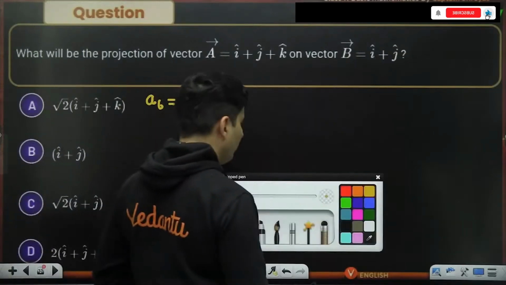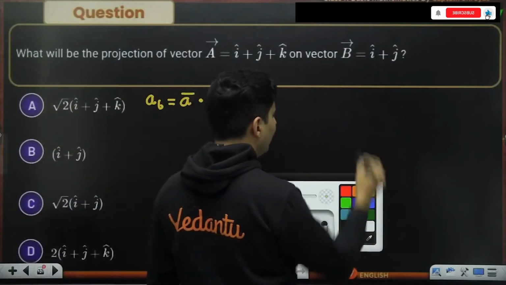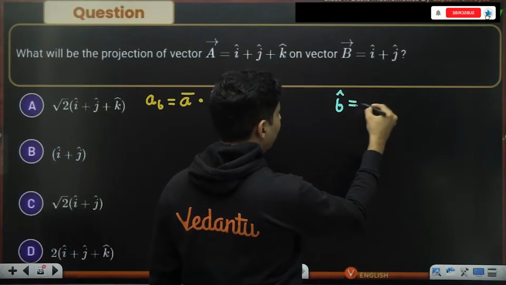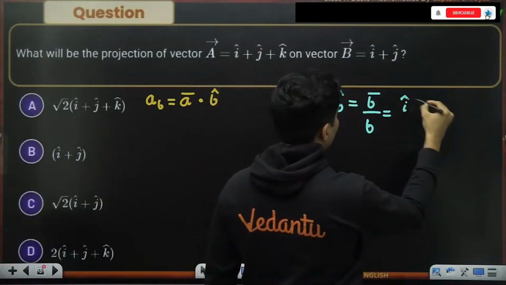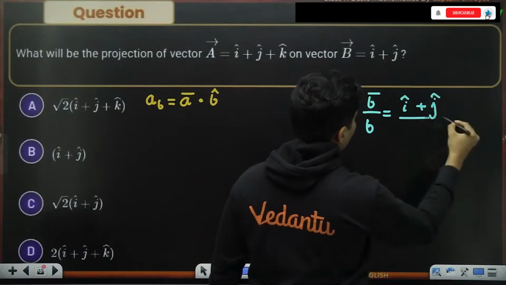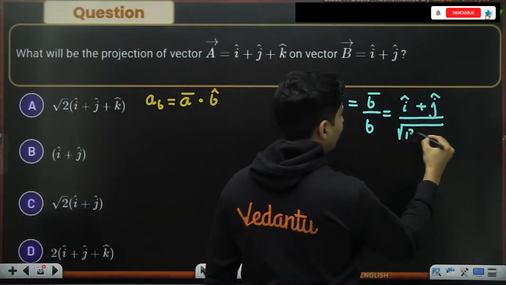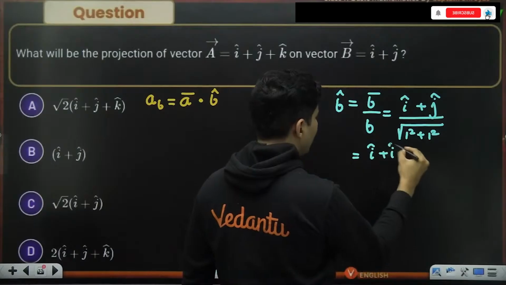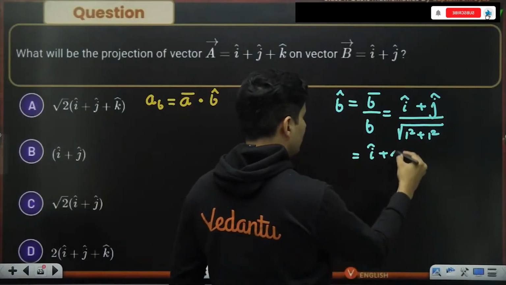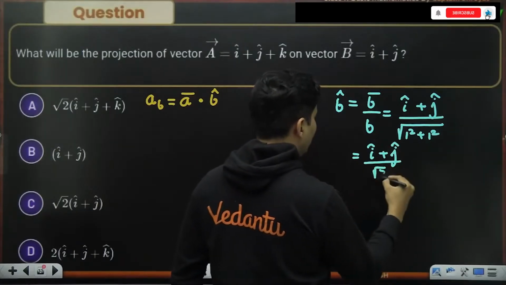So first let me find what B hat is. B hat will be vector B divided by its magnitude. Vector B is i cap plus j cap. Magnitude of that will be the square root of 1 square plus 1 square. So B hat will be i cap plus j cap, whole thing divided by root 2.